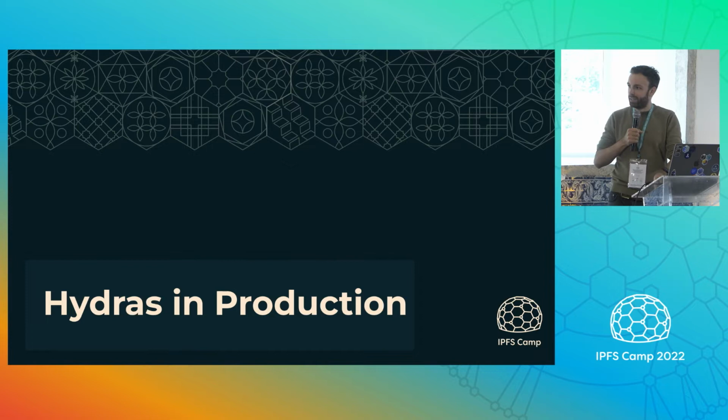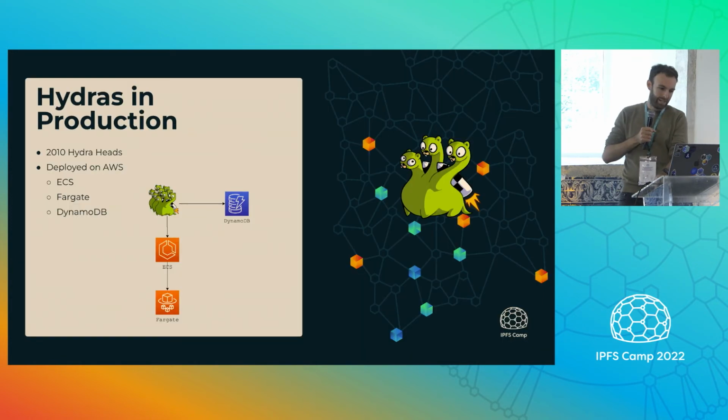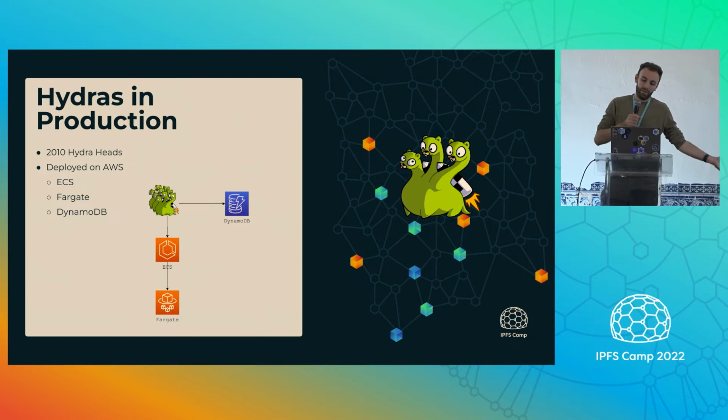So Hydras in production, how are they run at Protocol Labs? Right now there are around 2,000 Hydra heads distributed across, I don't know, probably 135 Hydras. Each Hydra has a couple of heads, and they are horizontally scaled. They are run on ECS on AWS with Fargate, and all those Hydra instances are backed by a DynamoDB.